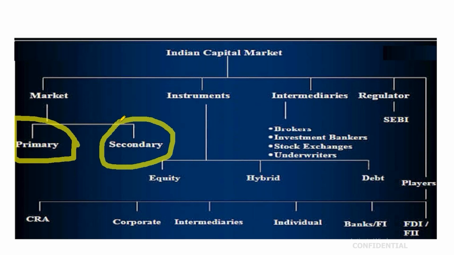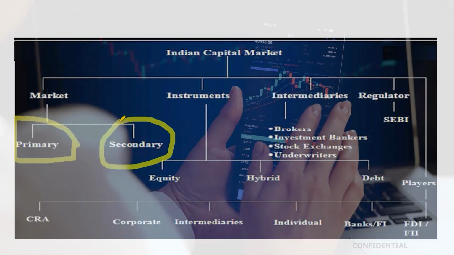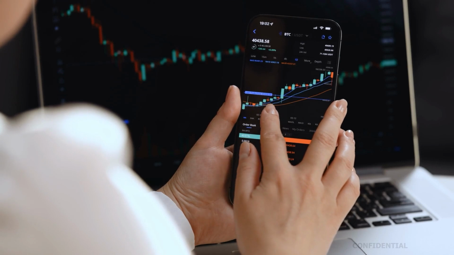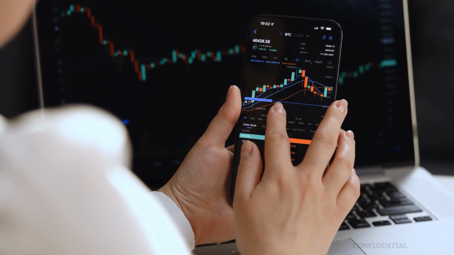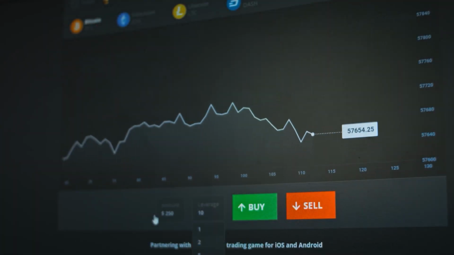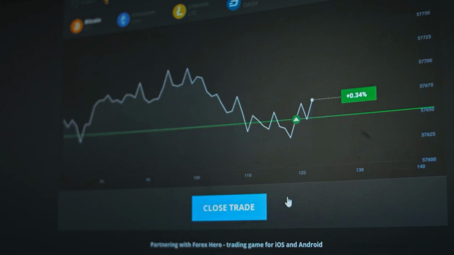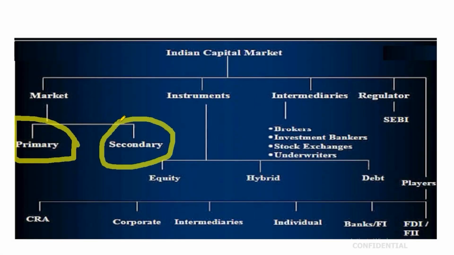So what you can do, if you want to buy a share of Infosys, let's say, can you buy it without a stock market? You can't. Buying or selling shares of Infosys can only happen through a stock market. Therefore the main purpose of a stock market is to facilitate those transactions for you.